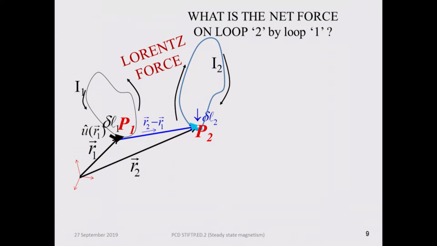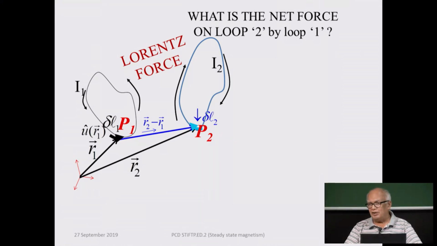And now if you have two currents in two independent wires, so I1 and I2 are two currents. And now what have we learned? That the current I1 generates a magnetic field, and it is generating a magnetic field at the point P2 through which the current I2 passes, which means that there is some charge at the point P2, because it is the charge in motion which constitutes a current.